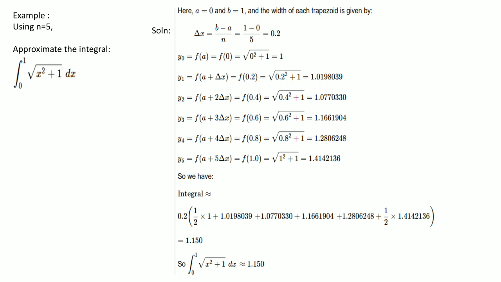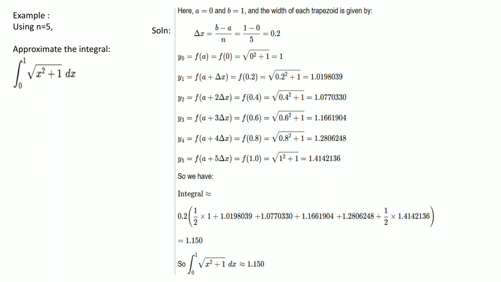The formula for the trapezoidal rule is delta x times (y0 by 2 plus y1 plus y2 plus y3 and so on till yn by 2). This is the formula. Now here our y0 is 1, so 1 by 2 in the bracket plus y1 plus y2 plus y3 plus y4, and the last, yn, is nothing but y5, so y5 by 2.